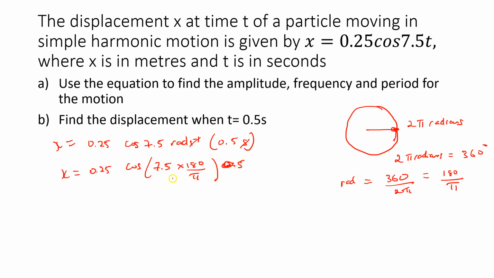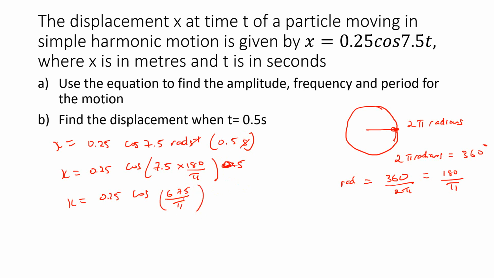So x at 0.25 is equal to cos of, let's work it in the calculator. 7.5 times 180 times 0.5 gives me a value of 675 divided by pi.